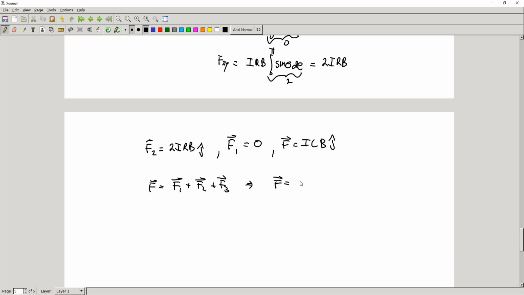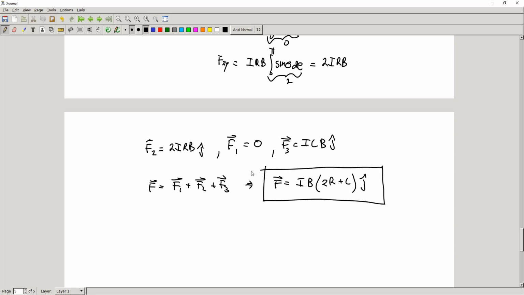So we're going to have I B. From F2 here we have a 2R. From F3 here we have an L, and this all points in the j hat direction. Okay, and this is the expression that we're looking for.